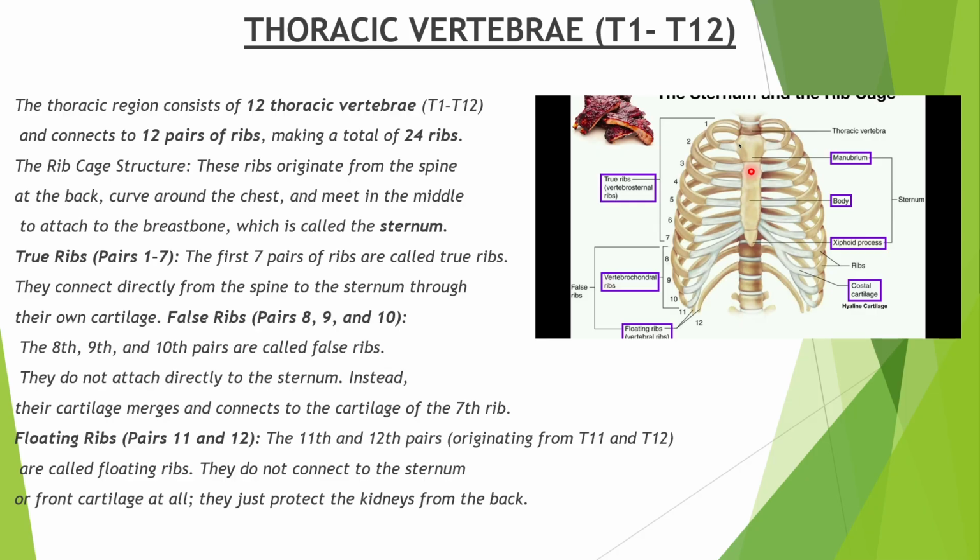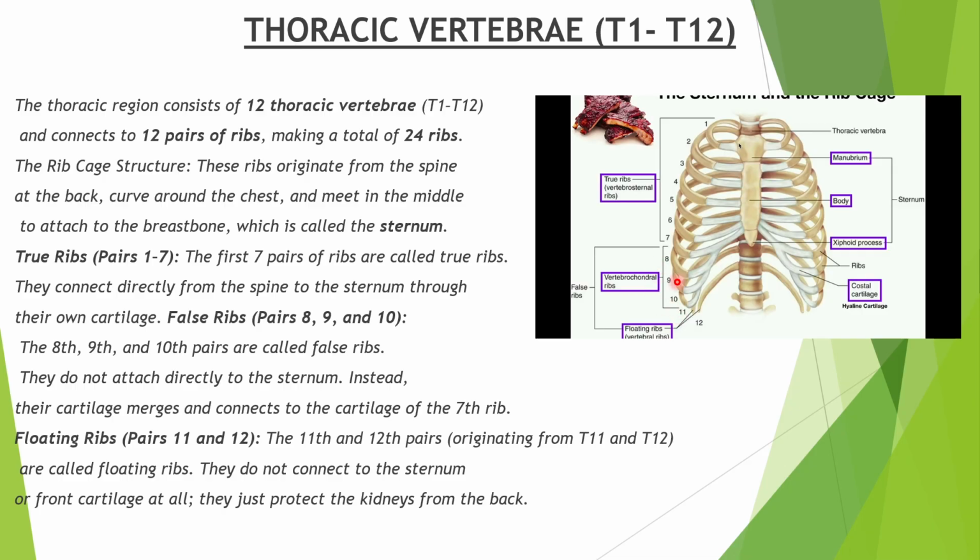There are 7 pairs of ribs, 1 to 7, which are known as the true ribs, also known as the vertebro-sternal ribs.